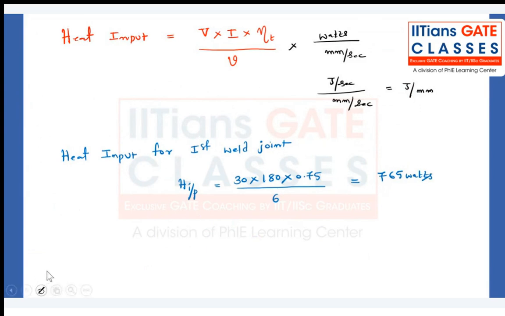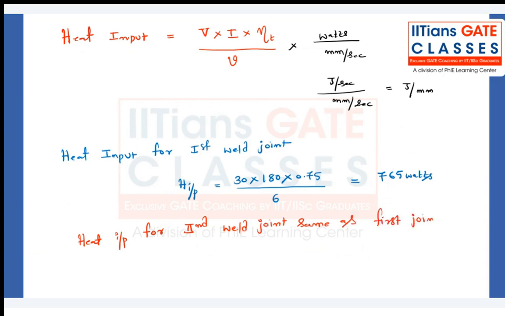For the second weld joint, heat input is the same as the first joint, right? That means what is the heat input for the second case?